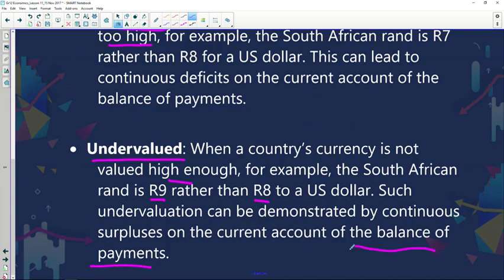Okay, so it's not a good thing. When we know that our currency is undervalued, that it should be sitting at a certain point but it's not, we will see that by the surpluses on the current account of the balance of payments. So these are two important concepts that we need to be aware of.